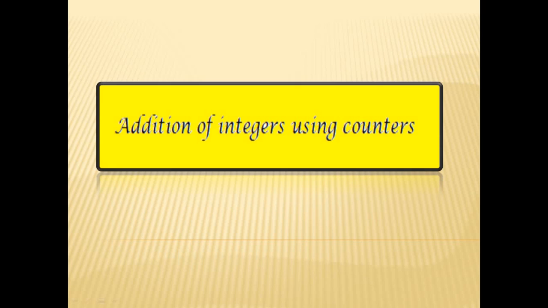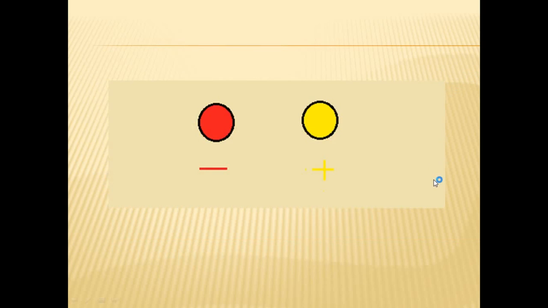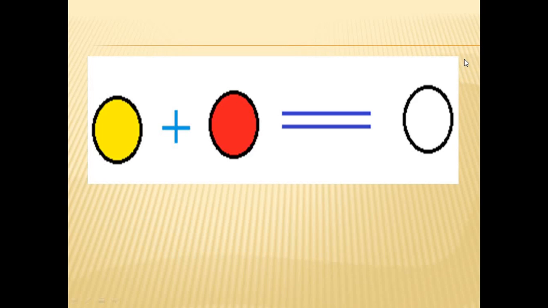For our game, I have taken 2 circles as counters. Let the red counter or red circle denotes negative integers and the yellow circle denote positive integers. There is only one rule for this game.